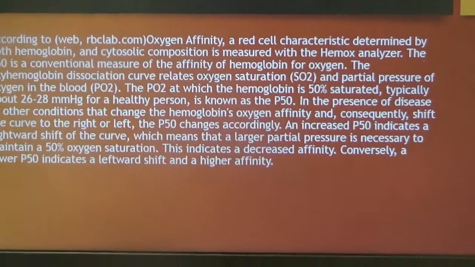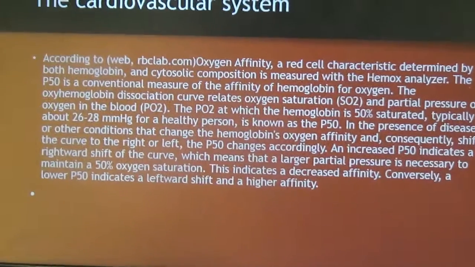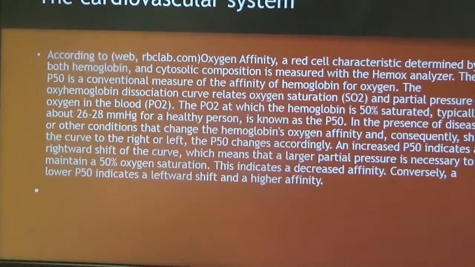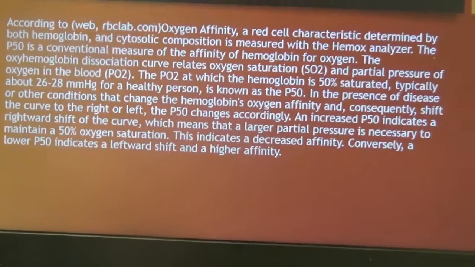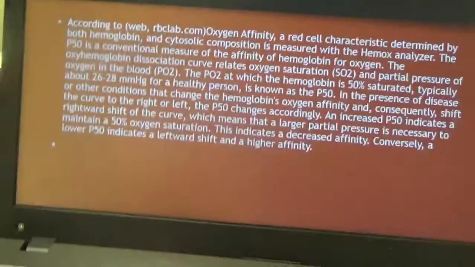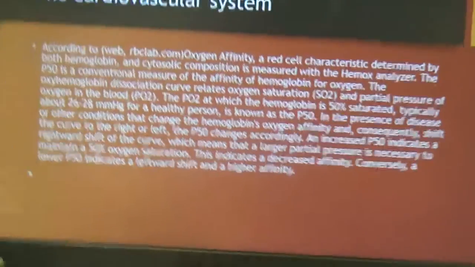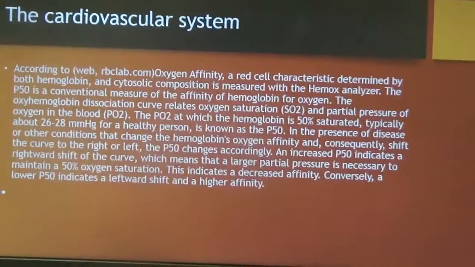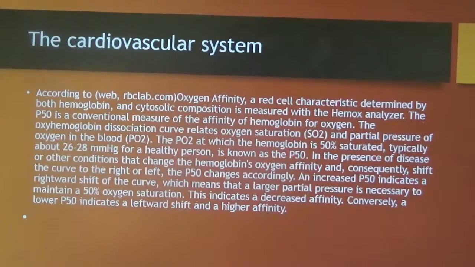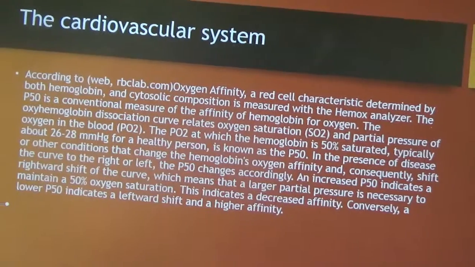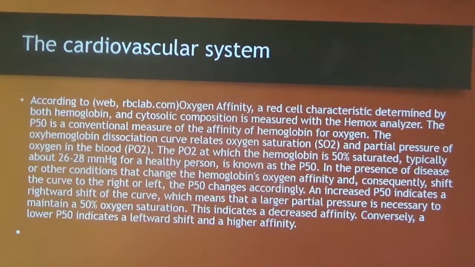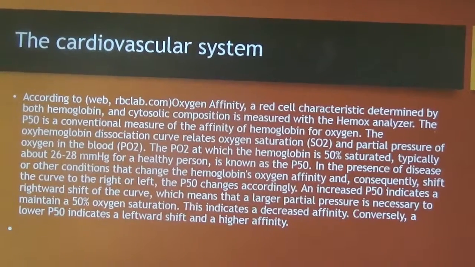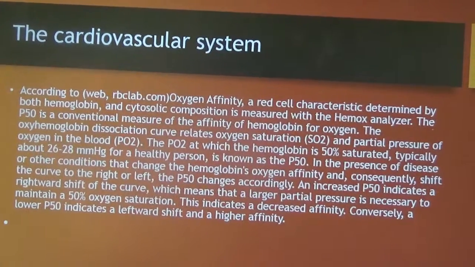The oxyhemoglobin dissociation curve relates oxygen saturation and partial pressure of oxygen in the blood. The PO2 at which the hemoglobin is 50% saturated, typically about 26 to 28 millimeters of mercury for a healthy person, is known as the P50.